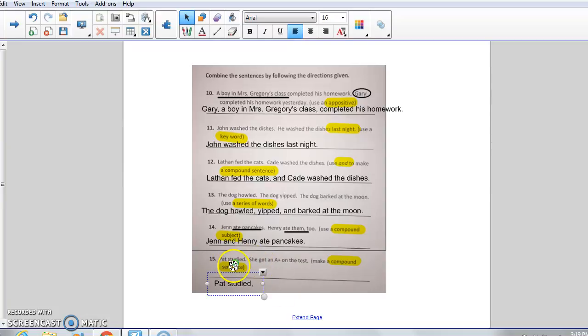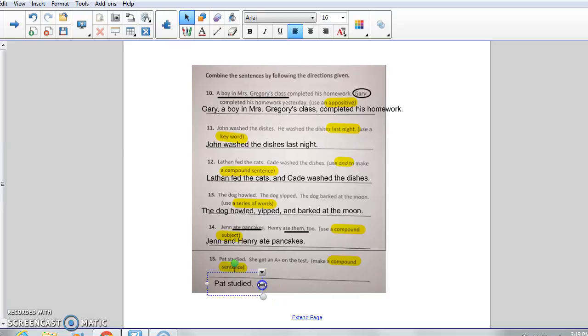She studied, she got an A+ on the test. Do those things go together or not? I would say they probably do. So there are 2 answers I think that would work here. I think we could say Pat studied and she got an A+ on the test. Or I'd like to think this is also kind of cause and effect because studying can cause you to get A+.